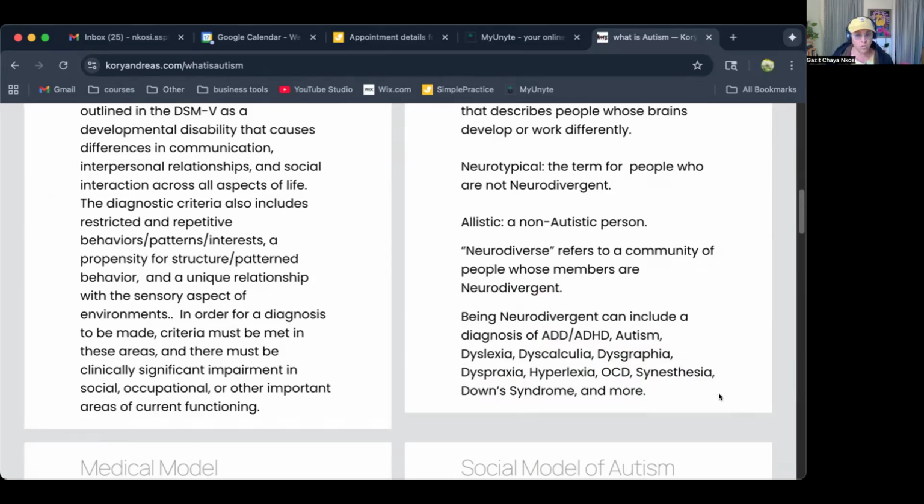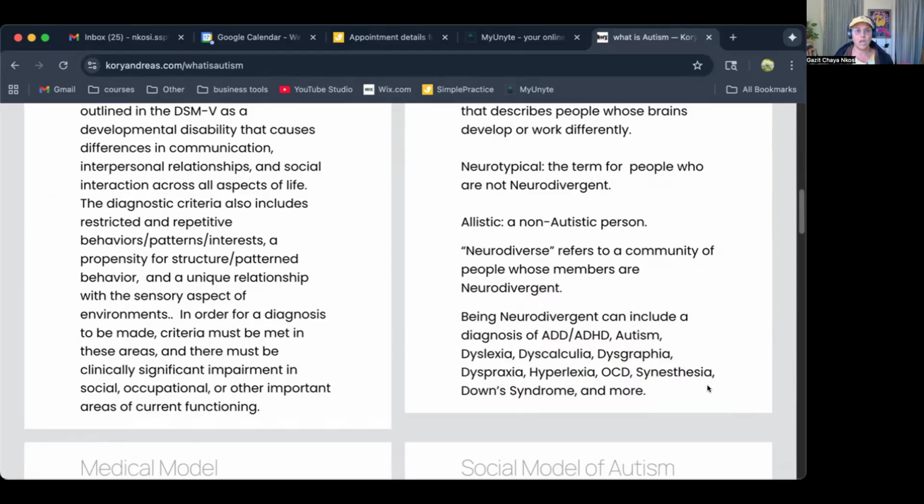And then you can also have acquired neurodivergence. Examples of that are TBI. Lots of people consider depression and anxiety, if it's environmentally acquired, as a form of neurodivergence.